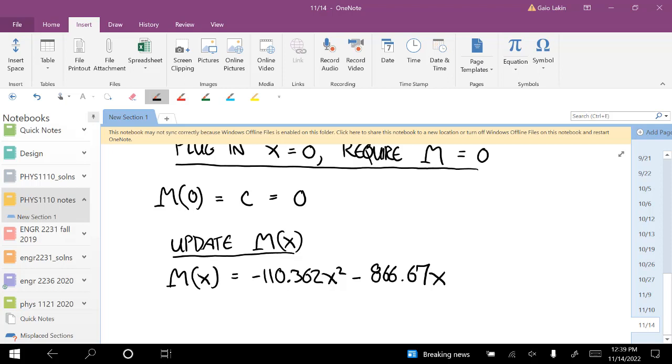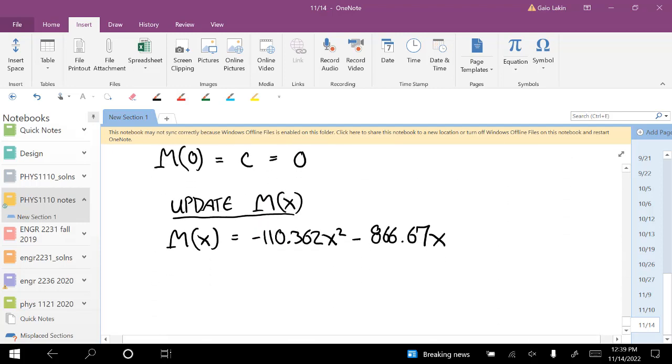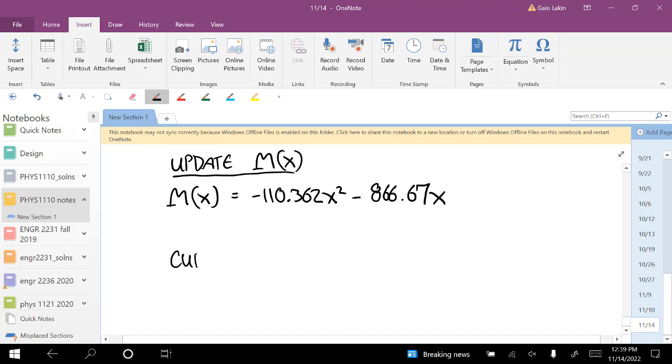Okay, that was really quick. So let's do the one on the right side. So now cut 2. What do we have for our function V? V of x for cut 2 is negative 220.724 x plus 1375.76.